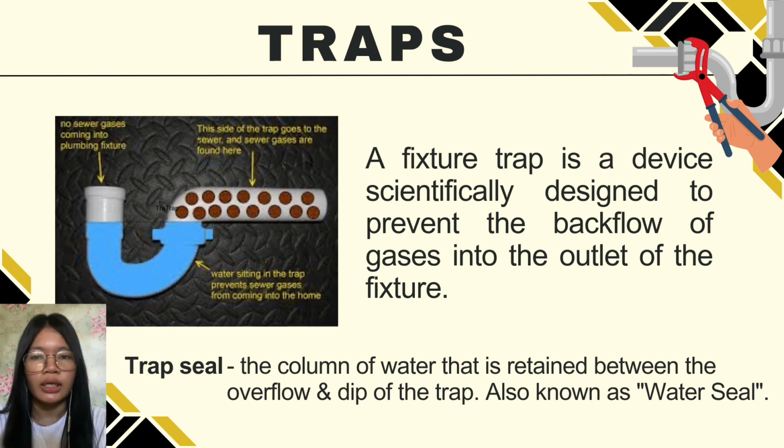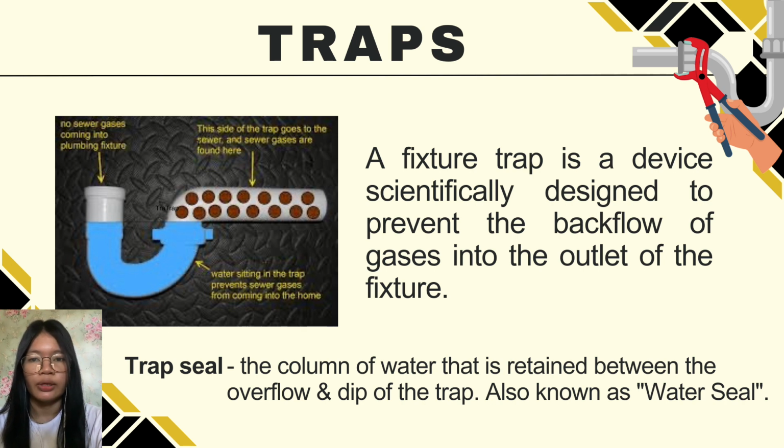Next is drop seal. Drop seal is the column of water that is retained between the overflow and dip of the trap, also known as water seal. This water seal acts as a barrier against the passage of gases from the drainage system or sewer line.